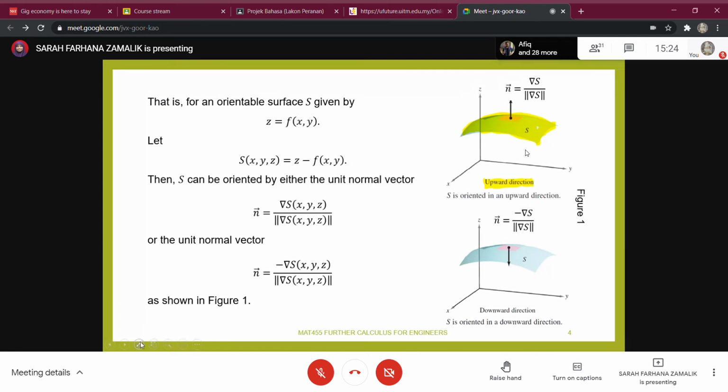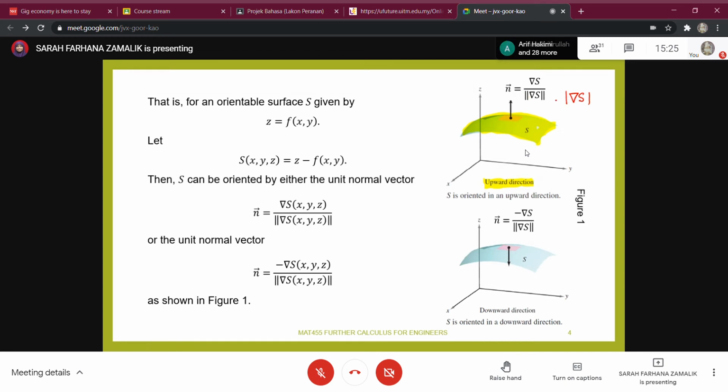Okay. So how to find your unit normal here? Yes, look at what is given to you here, the unit normal n equals the gradient of S divided by the magnitude. I put two bars here, this means magnitude. Because if I put just one like this, you might think this is absolute value, this is not absolute, okay. Sometimes it can be written in this notation, sometimes with two bars like this.